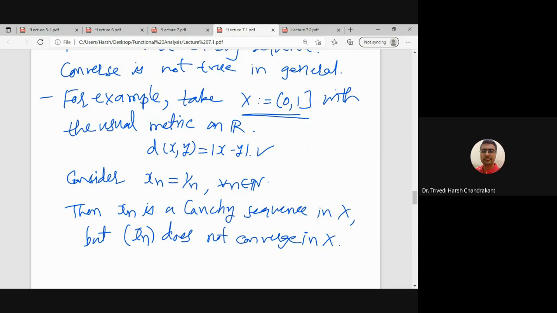So basically, which property is failing in this set X? That property is known as completeness.